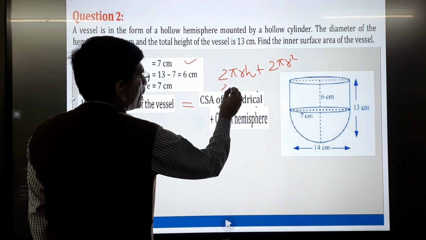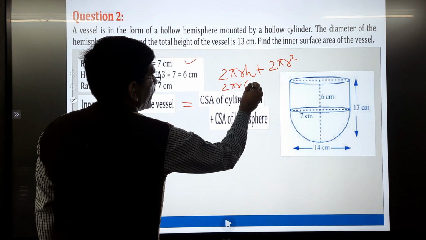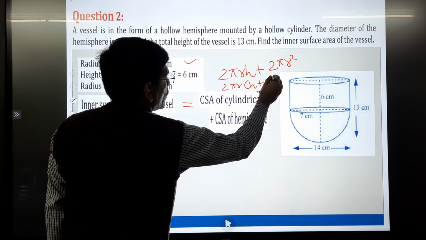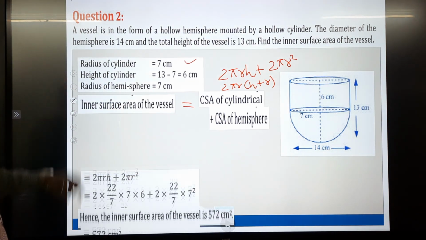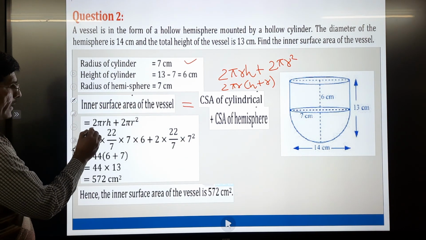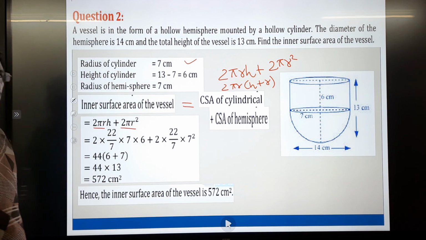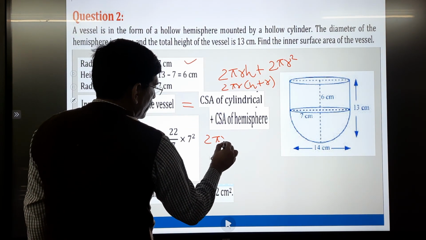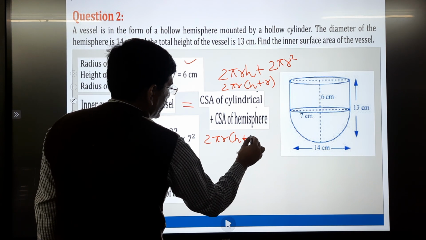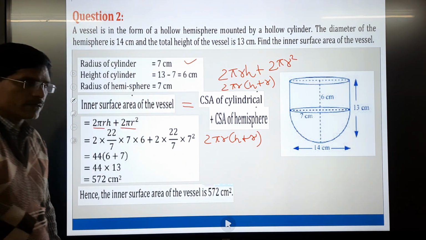If we take 2 pi R common, with H plus R, we can apply the same formula. So 2 pi RH plus 2 pi R square, we can do it by this formula, or 2 pi R in bracket H plus R, we get the same answer.